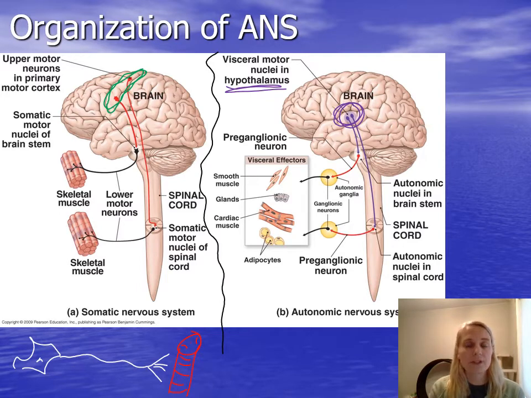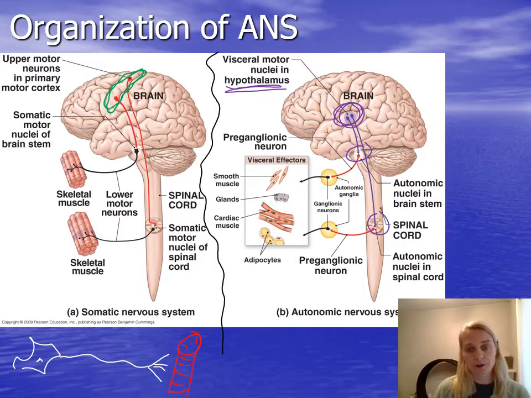The parasympathetic division nuclei and the sympathetic division nuclei were housed in the hypothalamus of the diencephalon. These are our higher level neurons, if you will. So these are our central nervous system neurons. And again, they'll travel to somewhere in the brain stem or they'll travel down to the spinal cord to communicate to our motor neurons.